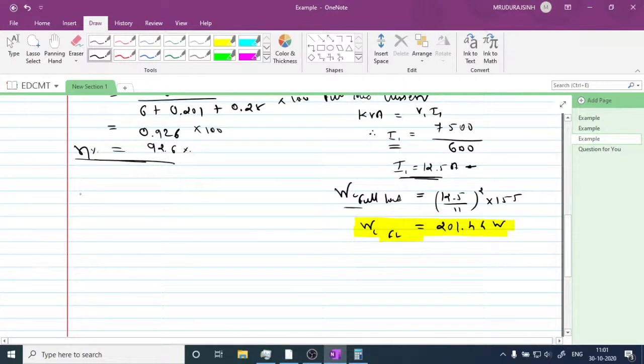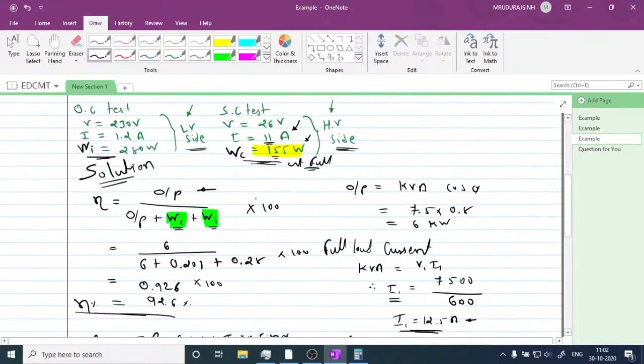So the equation for percentage regulation is I1 R01 cos phi plus I1 X01 sin phi divided by V2. Why V2?